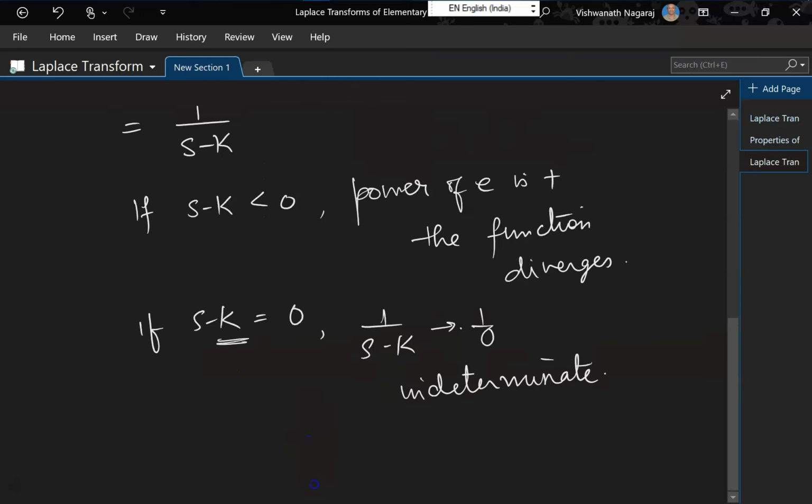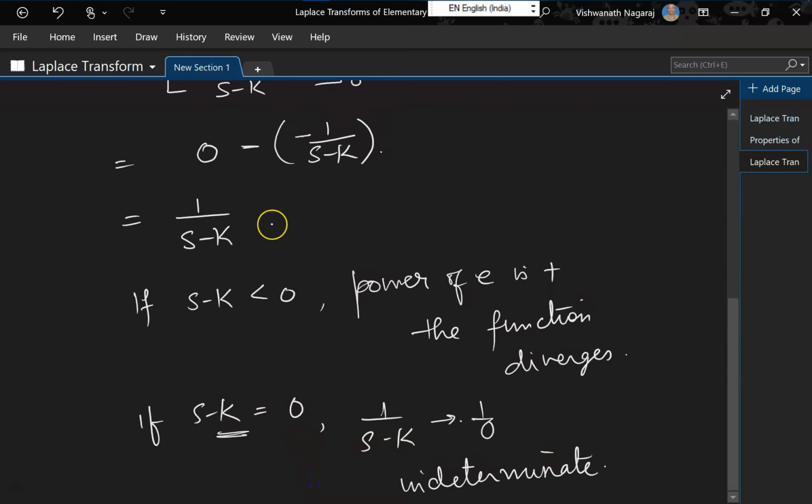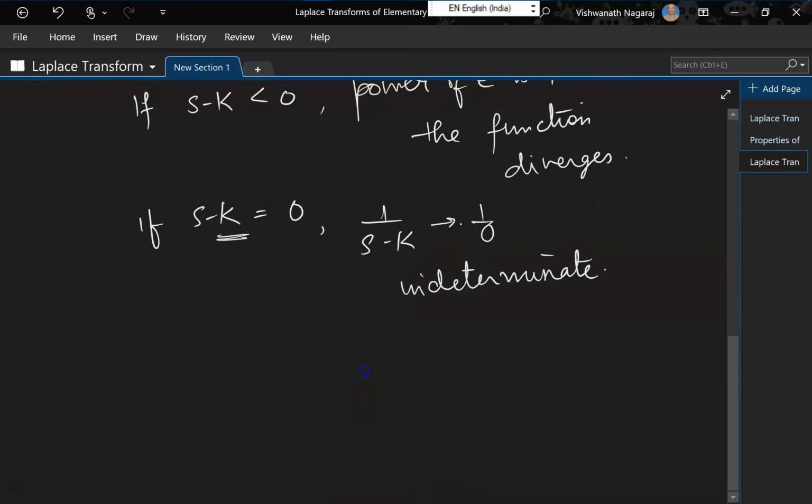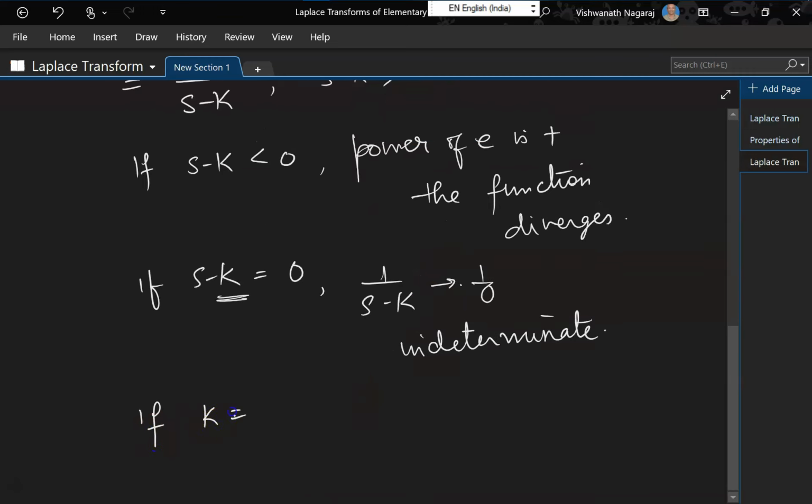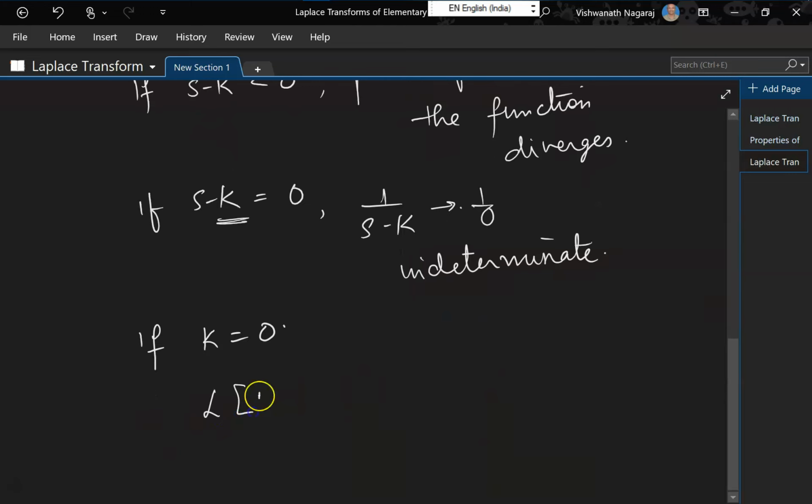That is why s minus k has to be greater than 0. That is the requirement. If k is equal to 0, then L of 1 is equal to 1 by s minus k. K is 0, so 1 by s, again for s greater than 0.